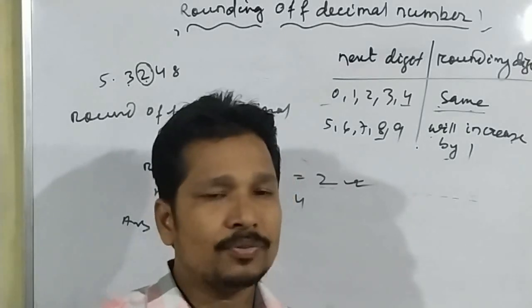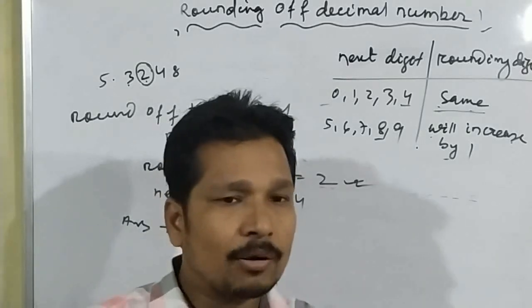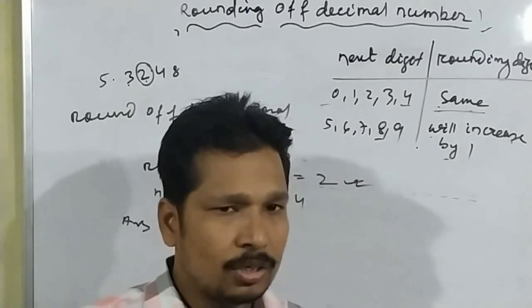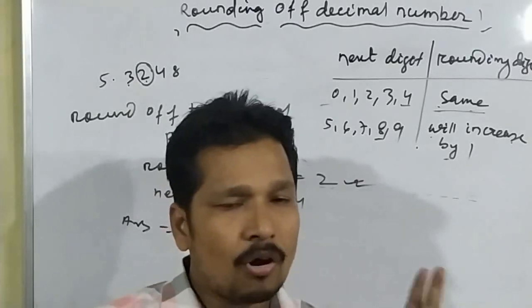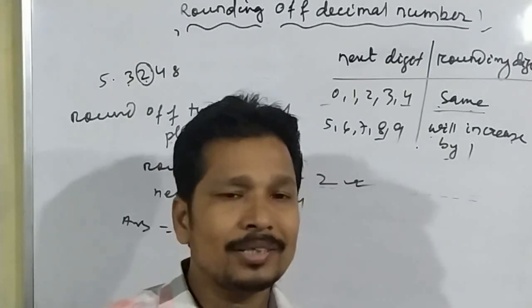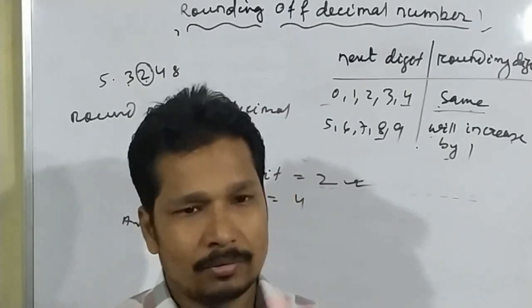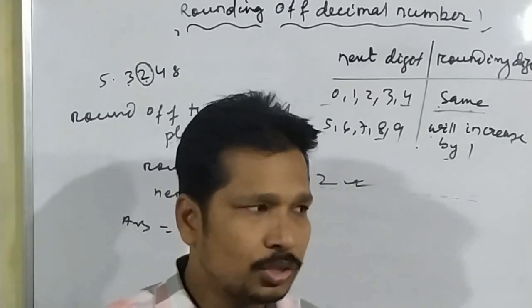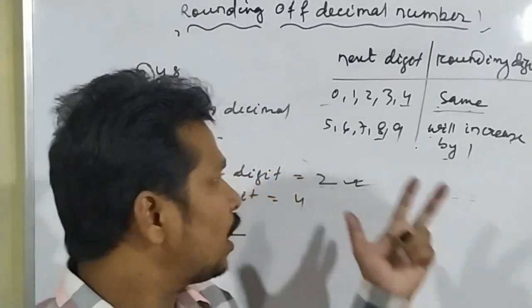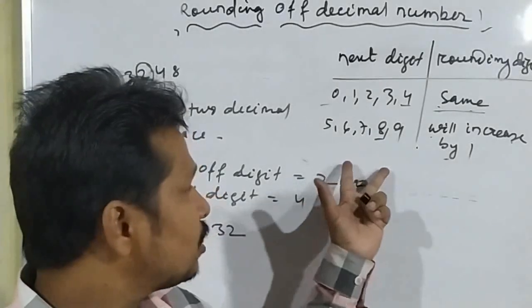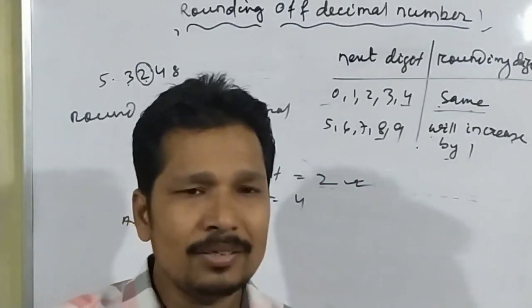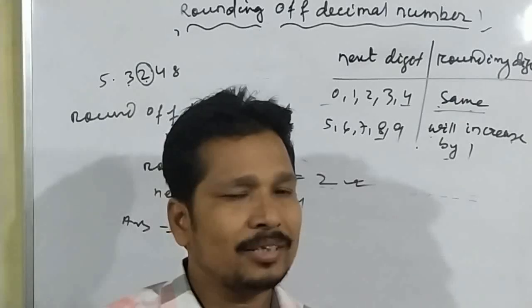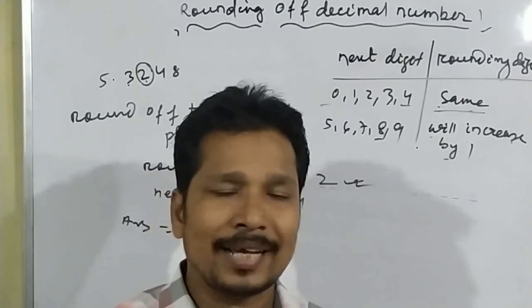And if the next digit is 5, 6, 7, 8 or 9, then we have to increase the rounding digit by 1, and the rest of the digits will be 0. This is very easy. If you understand these things properly, then we do not have to calculate anything. We can write the answer directly.